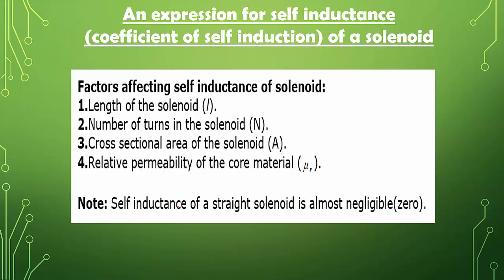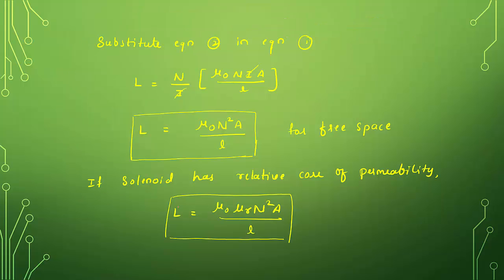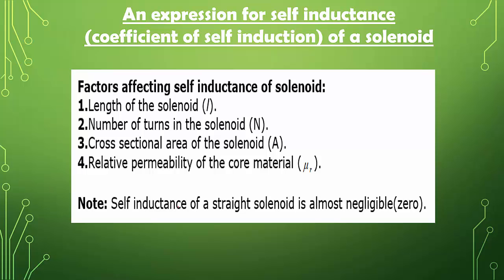Now, the factors affecting self-inductance of the solenoid. Observe the final equation, mu naught N square A divided by L. These are the 4 terms that affect self-inductance. The first point is the length of the solenoid. Here, induced EMF takes place when the variation of current is in the same coil, so that depends on the length.